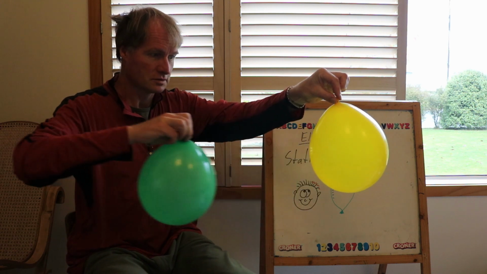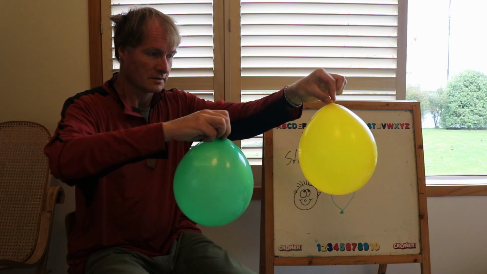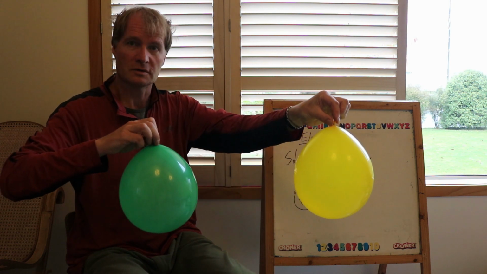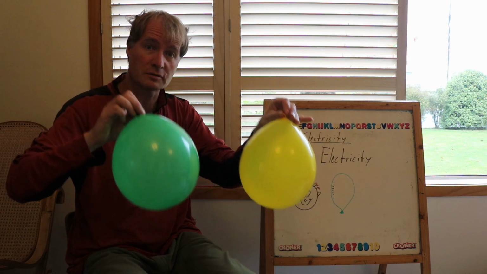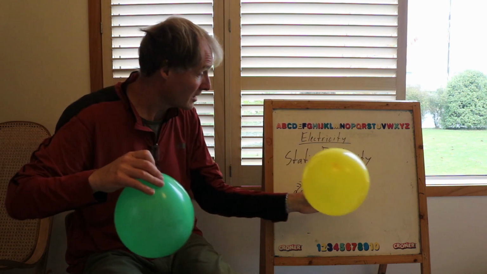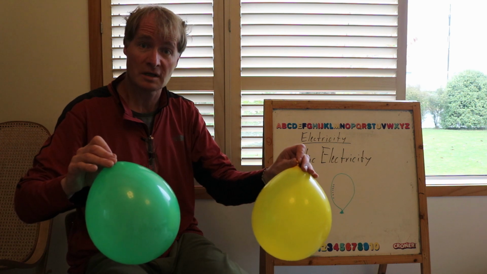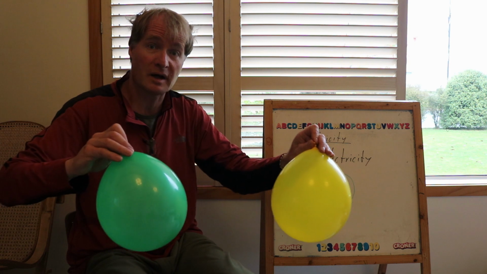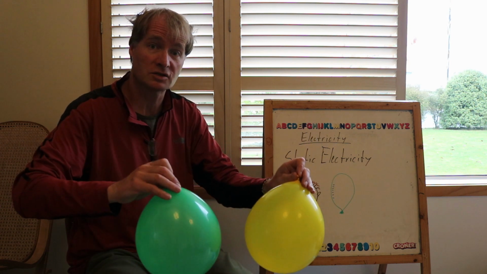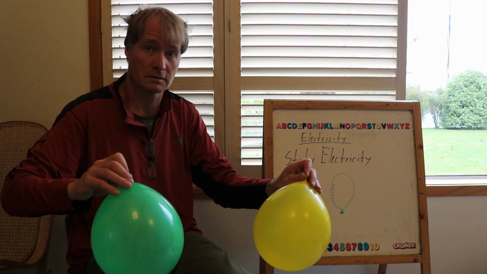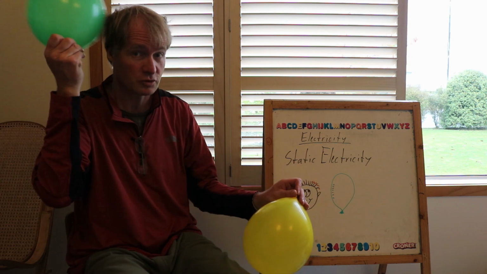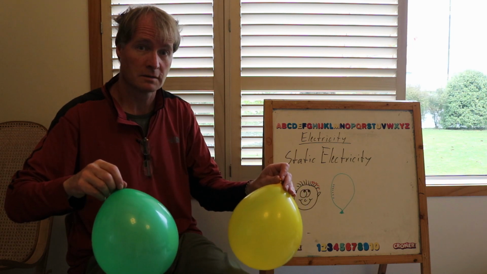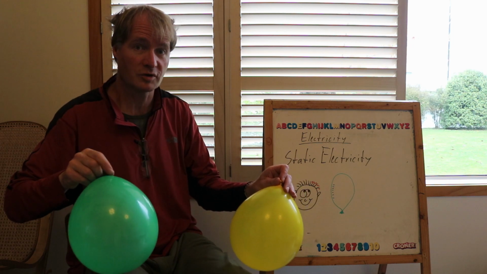The green balloon is repelling the yellow balloon because both balloons have the same charge. If they're both negatively charged, there is an electrostatic force that pushes them apart. Like charges repel. Opposite charges attract, like charges repel. Key message here. Hope you remember that.